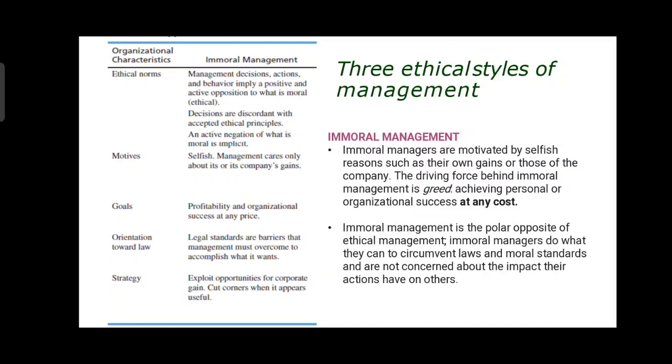Ang legal standards, barrier lang yan sa management para ma-overcome. Ang ilang strategy, exploit nilang opportunities for corporate gain, but cut corners when it appears useful.